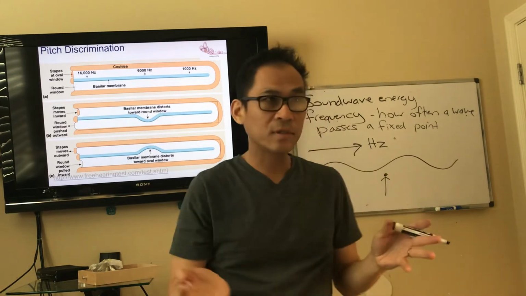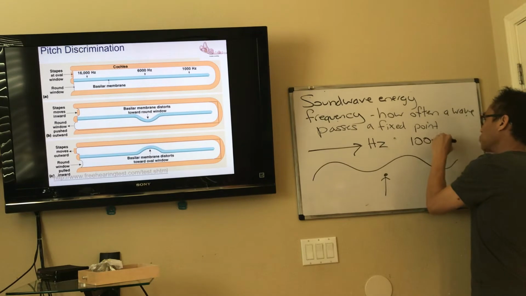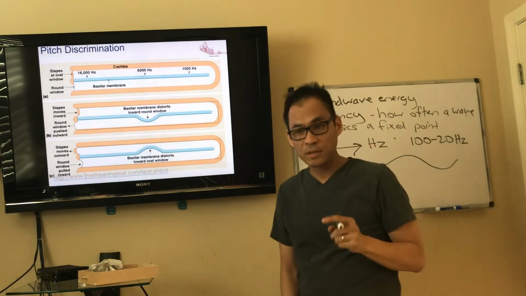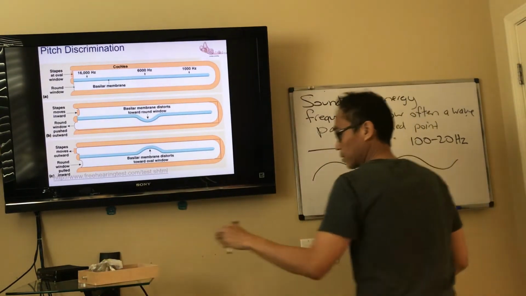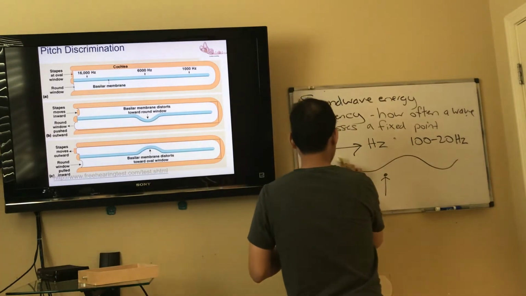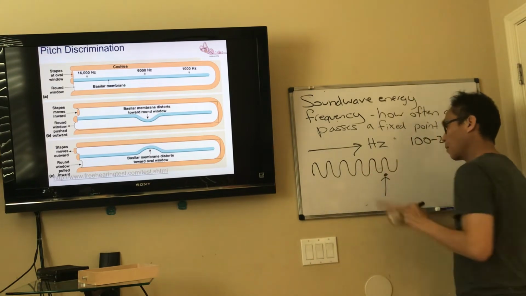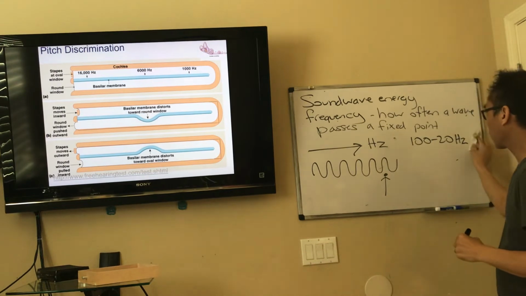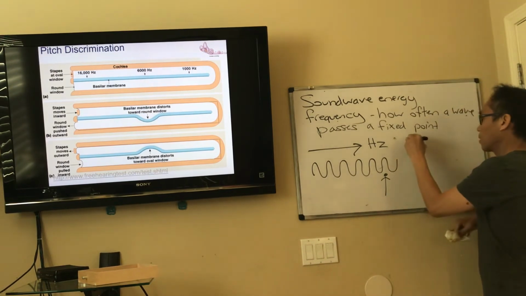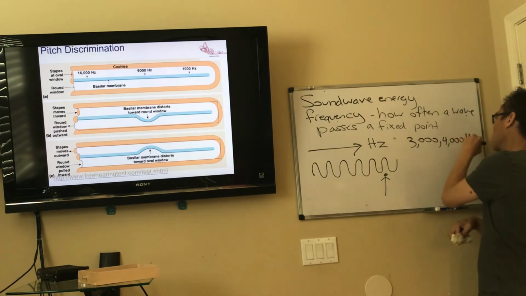So if it's a lower frequency, say 100 to 20 hertz, we call those low frequencies. We perceive that as bass. But if it's a higher frequency, more sound waves will pass per unit time. Higher frequencies could be like 3,000, 4,000 hertz.